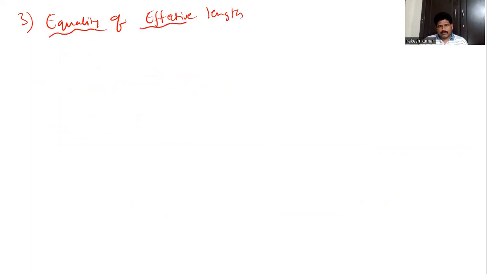Let us take the third antenna theorem, that is equality of effective lengths. So what is meant by the effective length?